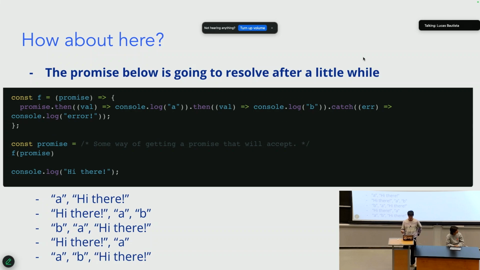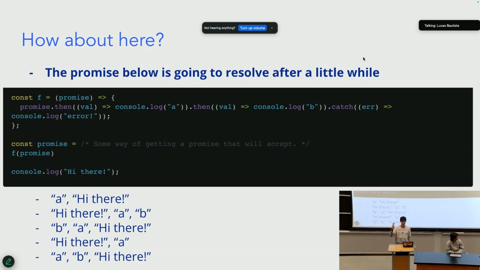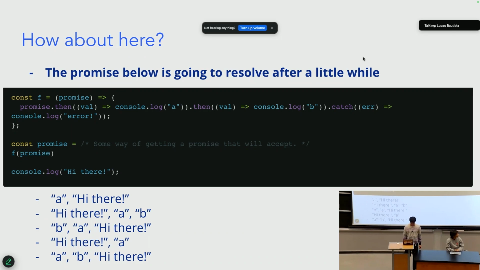Okay. If people have some guesses, hold up 1 if you think the first one's going to be printed out, 2 for the second one, 3, 4, 5, and so on. I see a few different answers. I think I see 2 and 5 the most.